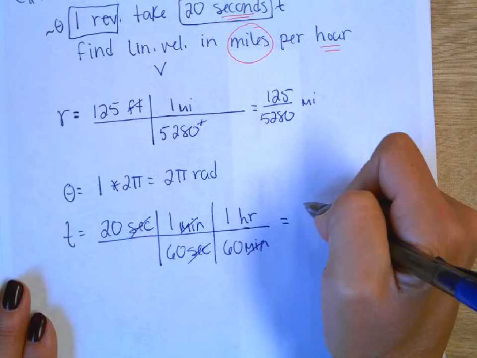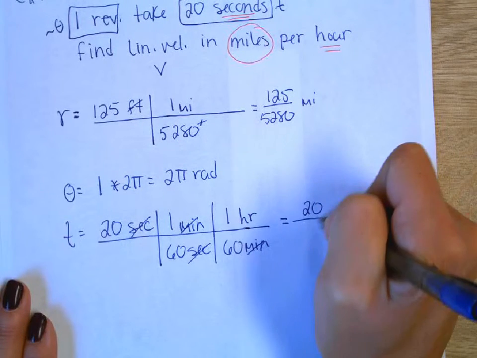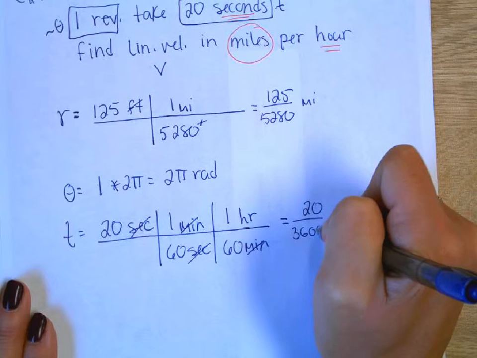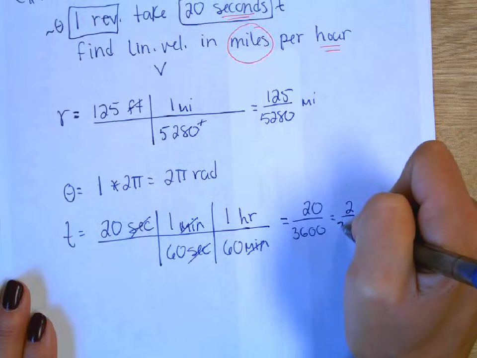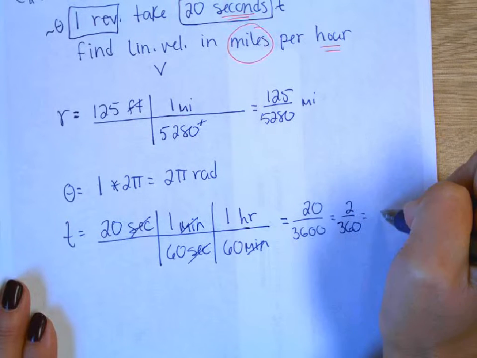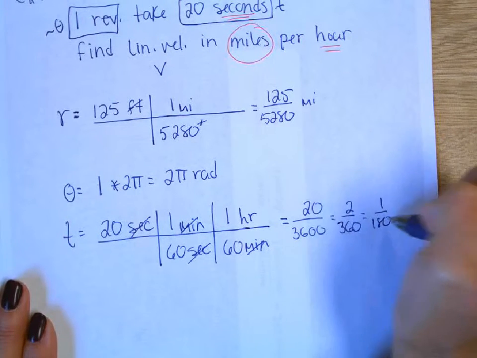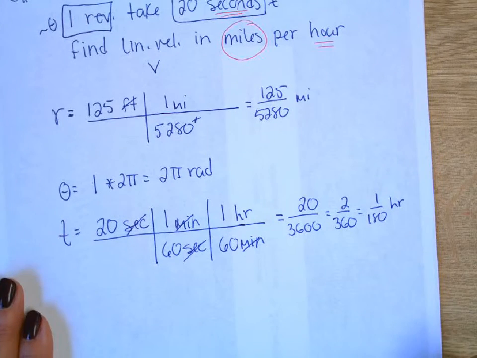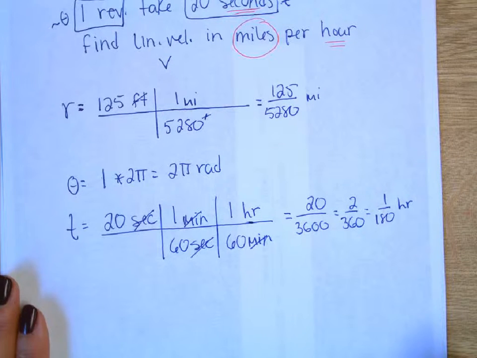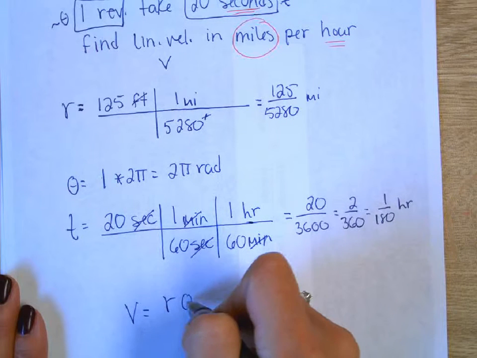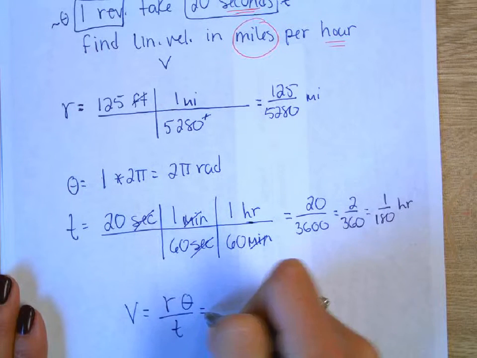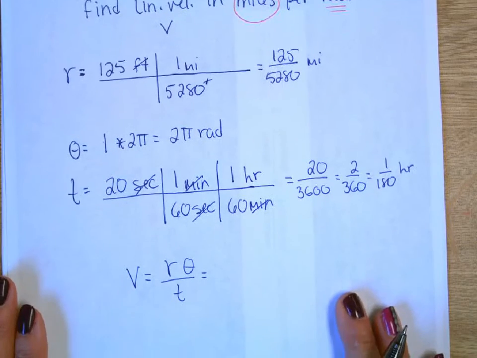So we're going to have 20 over 3600, 2 over 360, 1 over 180. Am I right? Yes. 1/180th of an hour. And our whole goal was to find big V. Yep, we already did theta.